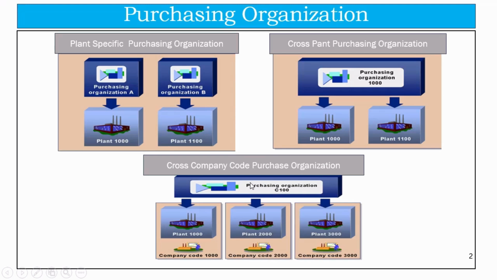So why do they adopt this model? Because this is a centralized purchasing organization which will do the negotiations for the material with the vendors. They can negotiate with the suppliers or vendors to have a better price. For example, putting together, let's say, some material, they will buy maybe 1,000 quantities.